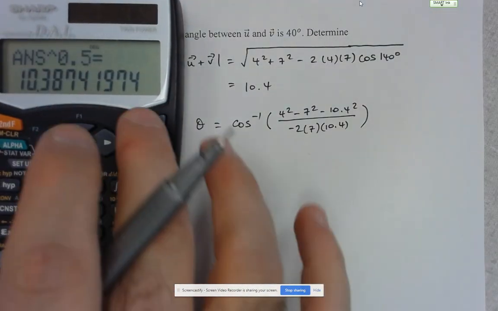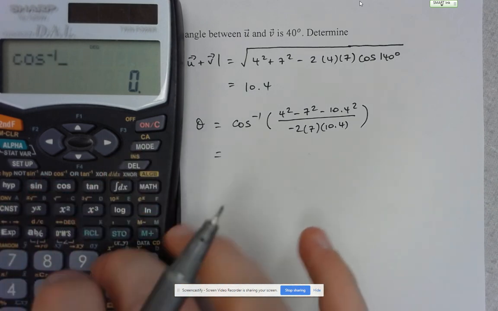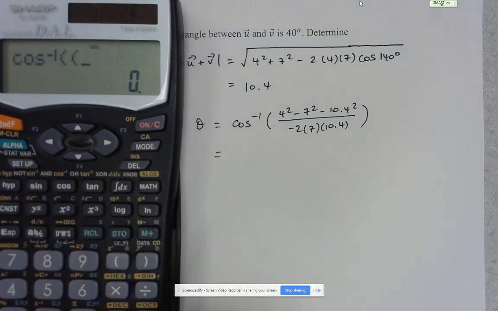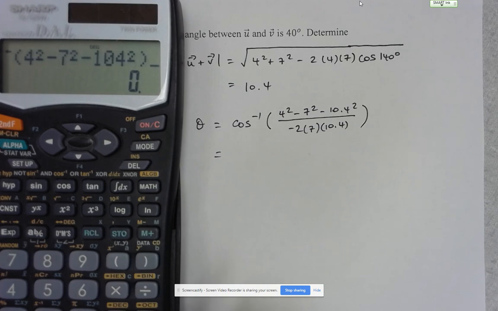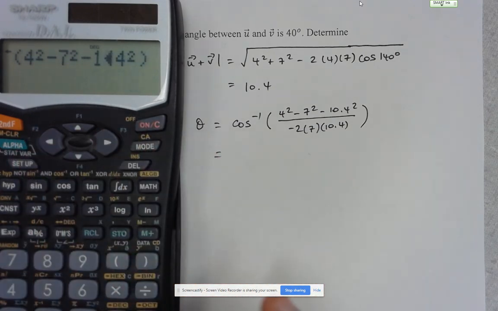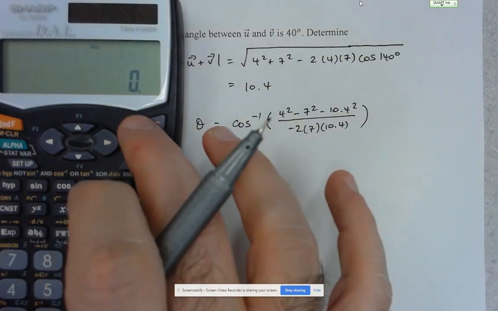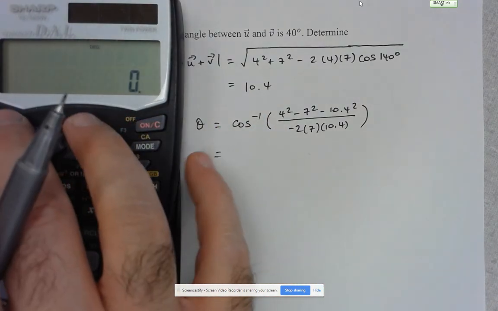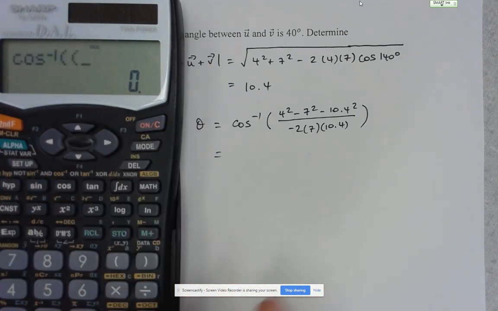So let's go back here. We've got inverse cosine. Open up a bracket for the numerator. So we have 4 squared minus 7 squared minus 10.4 squared. Close the numerator bracket. Oh, I see I made a little mistake. Sorry, I'm going to start over. Let's try again. Cos inverse, open bracket, numerator bracket.